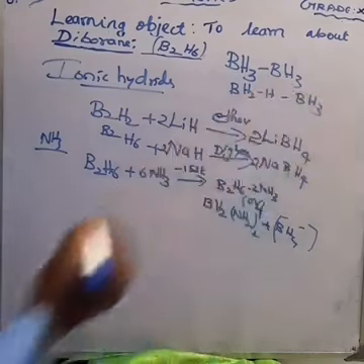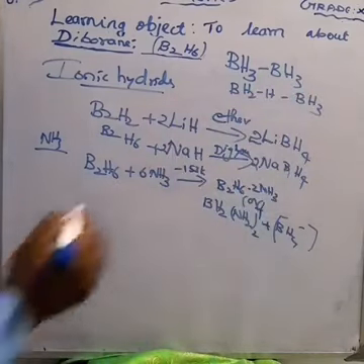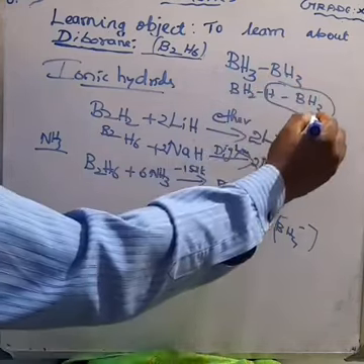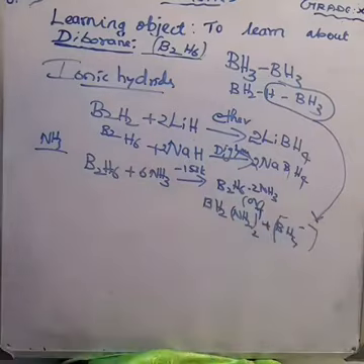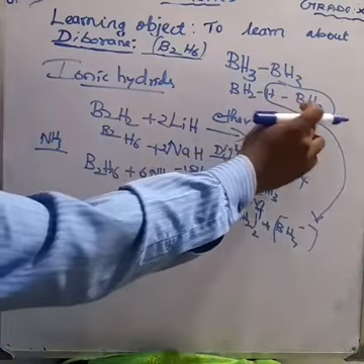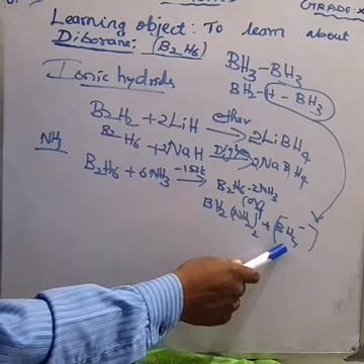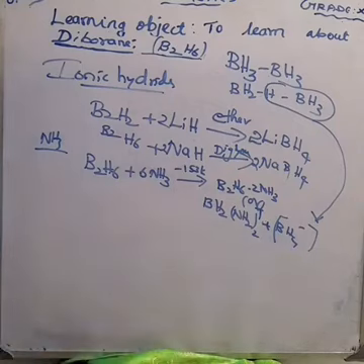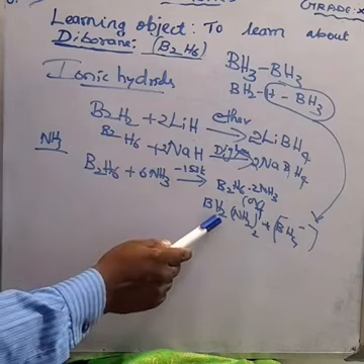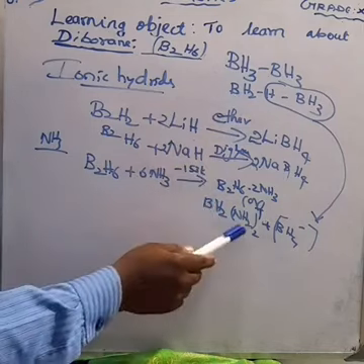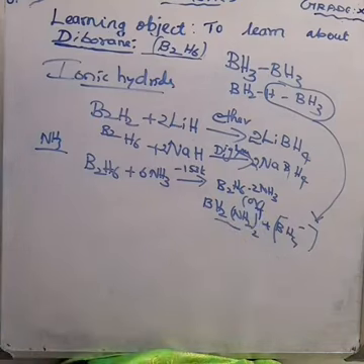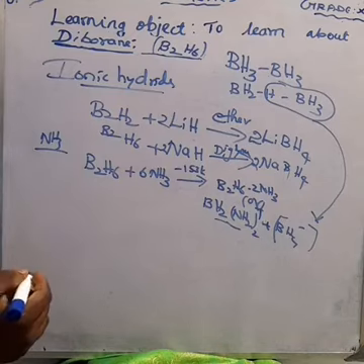This hydrogen attached to BH3 means we get BH4-, and also we are getting BH2. This BH2 will be attached to the ammonia. So we get BH2 with ammonia twice, plus also BH4-.